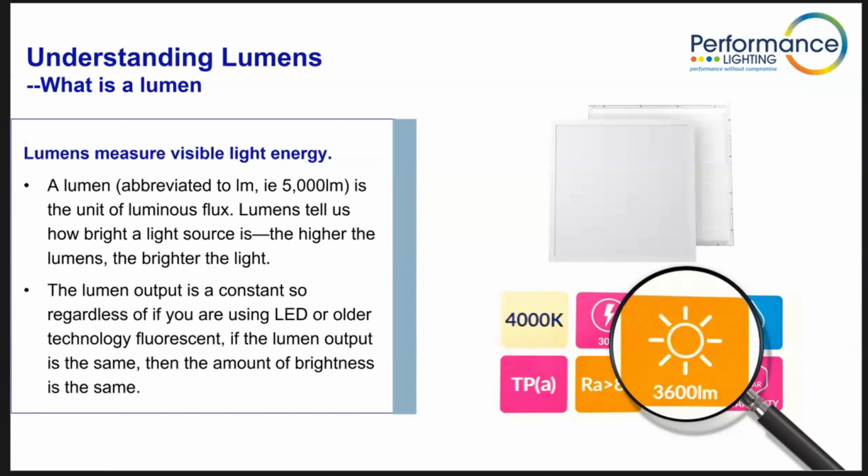So a lumen's constant, regardless of whichever technology you're using, whether it be LED, fluorescent, metal halide, or a light bulb at home, if it's 500 lumens, it's 500 lumens. It doesn't matter what source that's coming from.